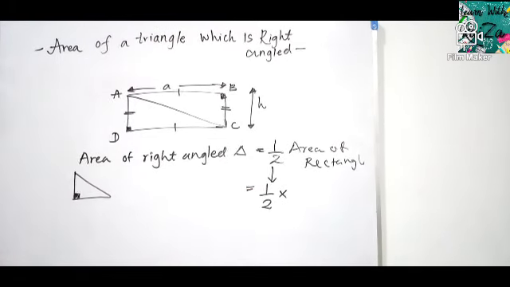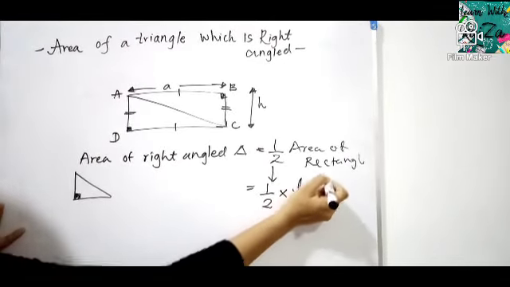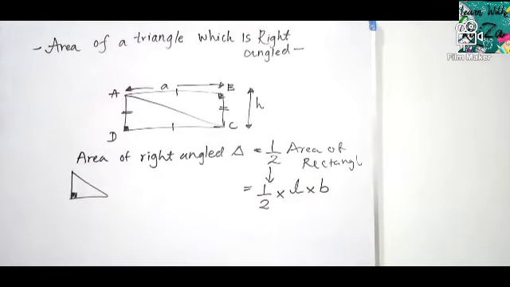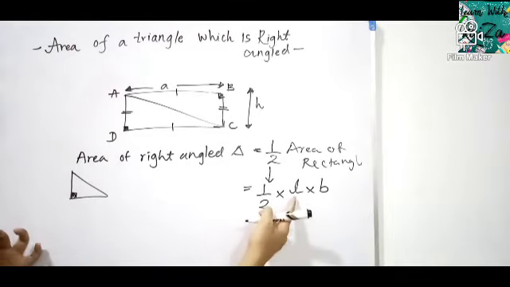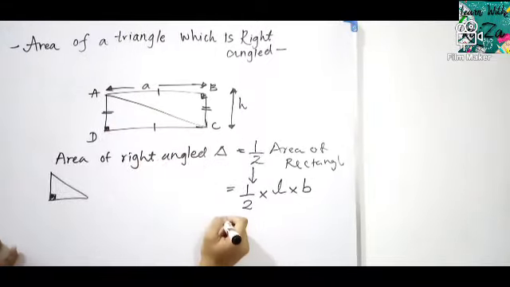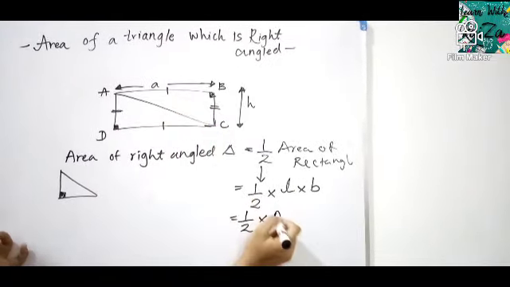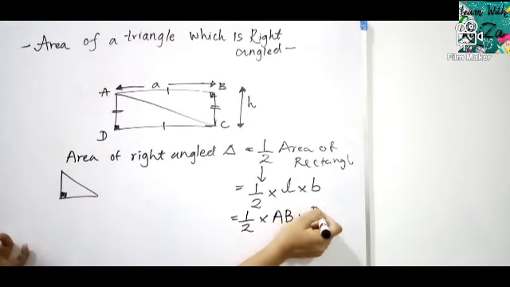And I said, what is the formula for finding area of rectangle? Yes, length into breadth. So here what is the equation? What is the length of the rectangle in terms of ABCD? Tell me. AB, breadth, BC.